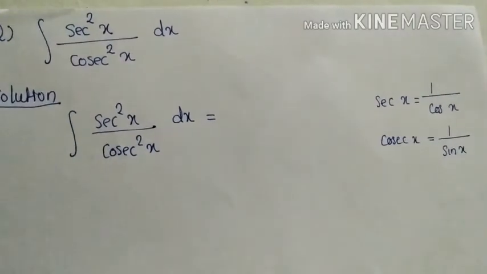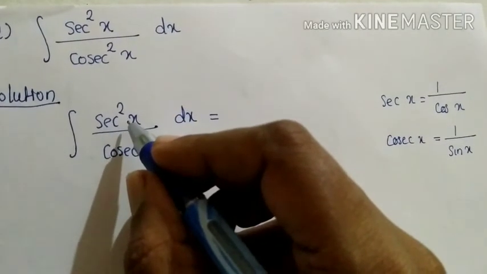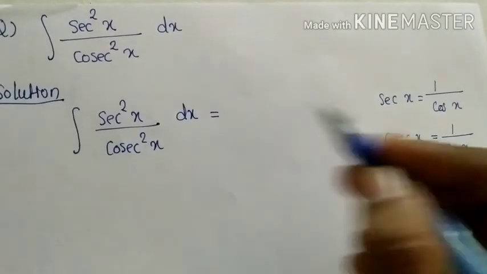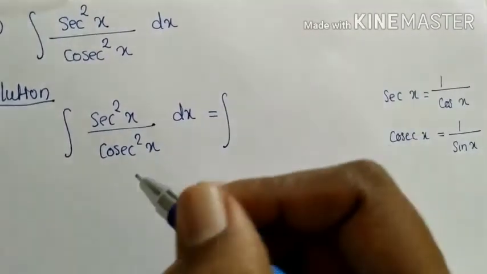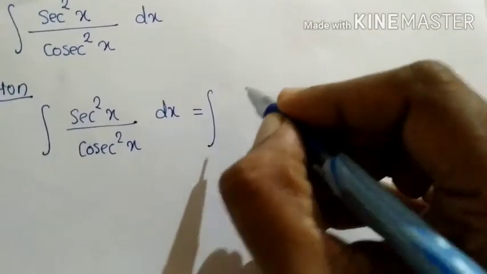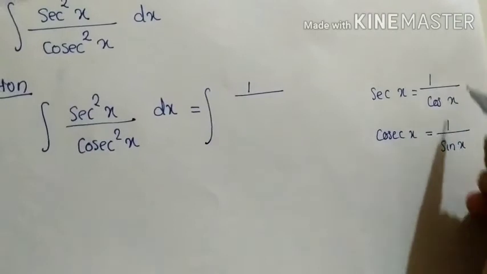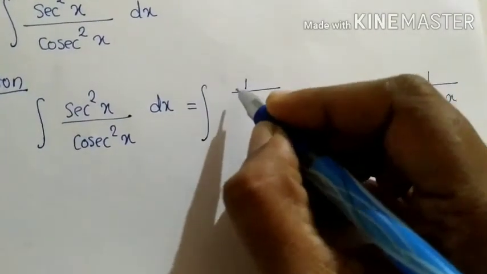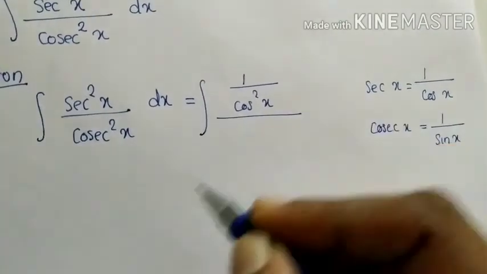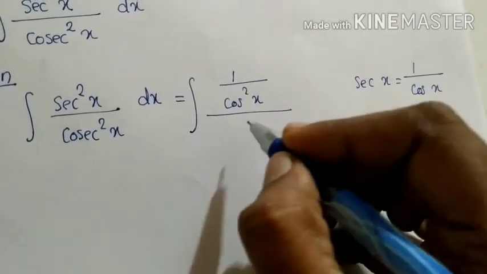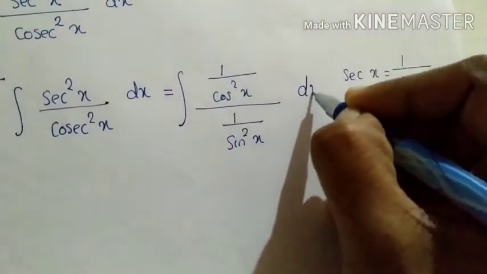So replacing sec square x by 1 by cos square x and cosec square x by 1 by sin square x, our integral becomes 1 by cos square x in the numerator divided by 1 by sin square x in the denominator, dx.